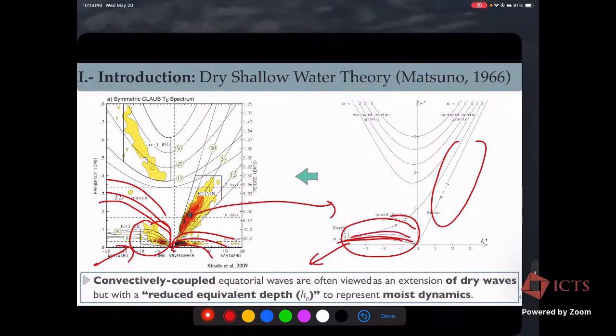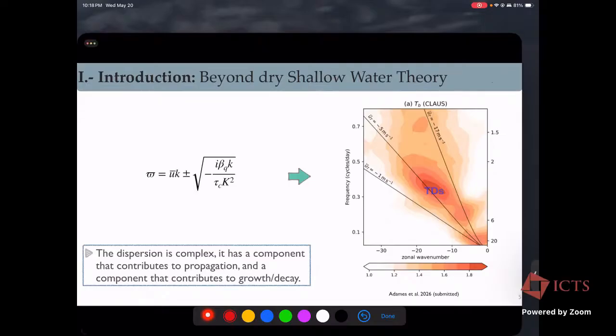The assumption that is made in this dry theory doesn't align with the observed thermodynamic characteristics, which means that a new theory is needed to understand these slow propagation disturbances. Of course, if you want to understand these slow propagation disturbances, you need to include moisture as a prognostic equation in your set of equations.